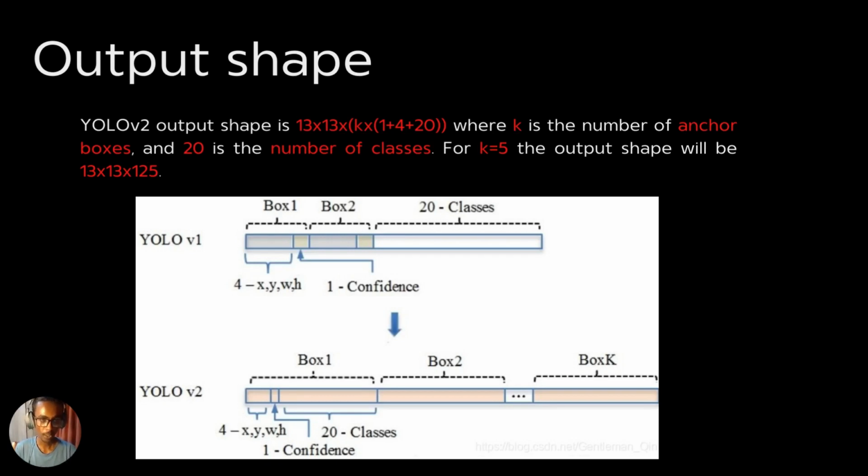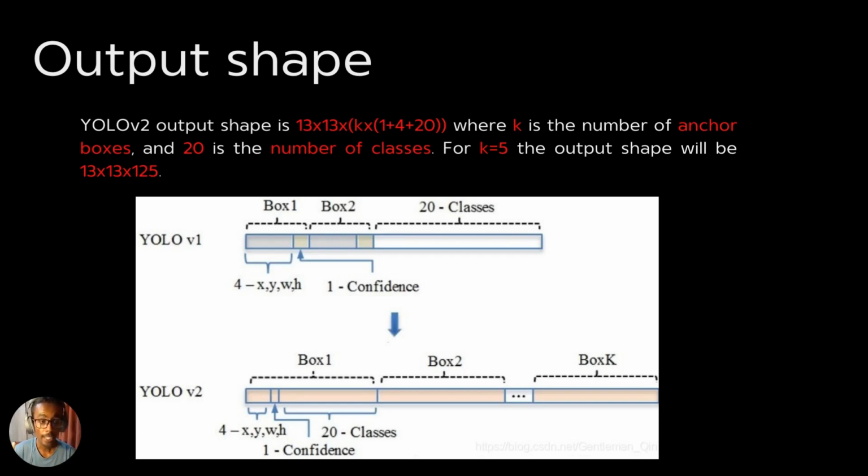In YOLO v1, we only had 2 bounding boxes, and those 2 bounding boxes had 4 coordinate points and 1 confidence score. So we have 4 plus 1, 5 for each bounding box, and then 5 plus 5 will be 10, and then we add 20 classes. So in total, we have a dimension of 7 by 7 by 30.